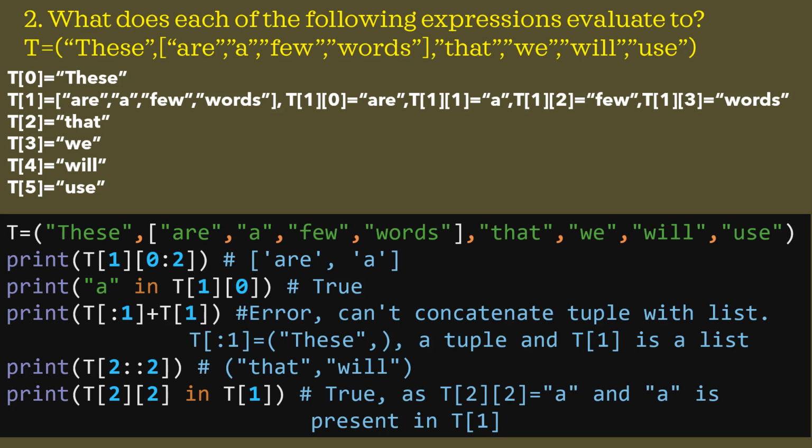So T of 2, 2 is the character A. If that character is present in T of 1, then it will give you true. T of 1 is the list "are", "few words". In this list there is a character A present, so we will get the output as true, because T of 2, 2, the character A, is present in T of 1, which has some words, and among these A is also present.